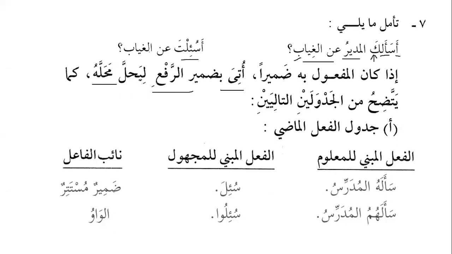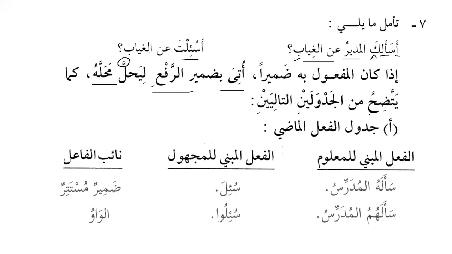Li, what kind of li is this? Lam Talil. Why do you say that? Because it's mudari and it is mansoob. Okay. Liyahilla is also used for explanation, in order that it takes its place.